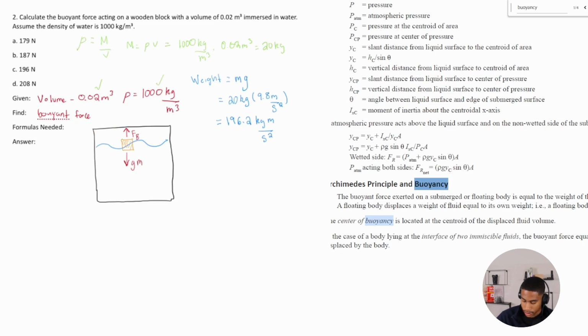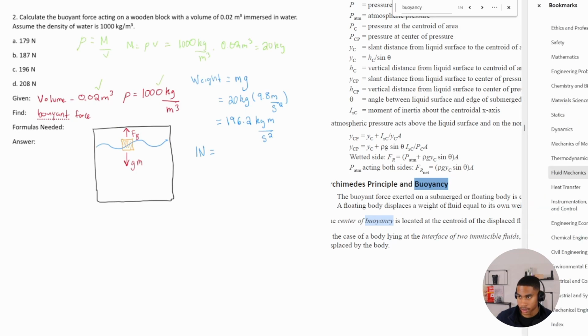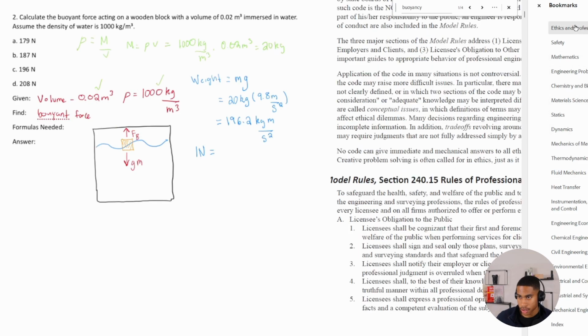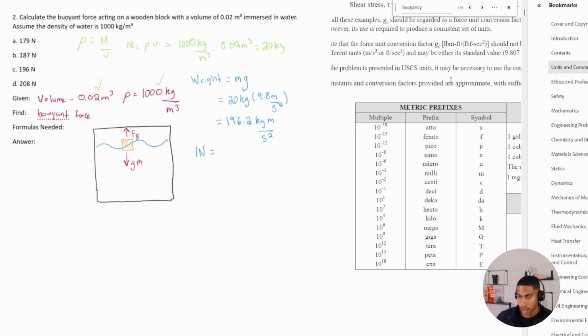And now we just need our units to be in newtons. So 1 Newton is equal to what? Well, we can search this. So in our handbook, we can go to our unit conversions section.